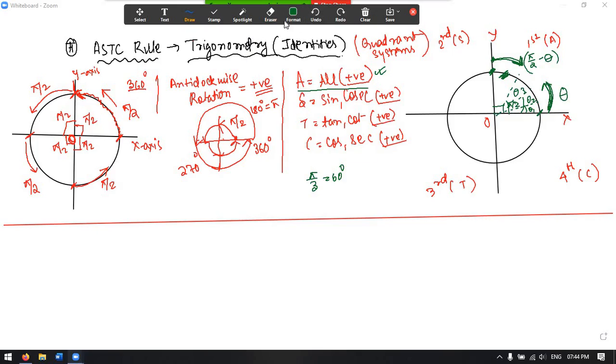Okay, now let's move on to the second quadrant. In the second quadrant we are going to travel from this point to this point. If we want to stay in the second quadrant, either we have to go from this to this side or from this to this side, meaning we have to cross this 90-degree barrier.